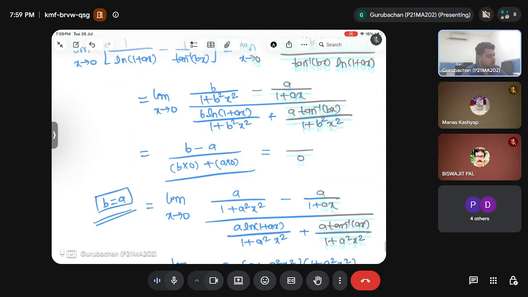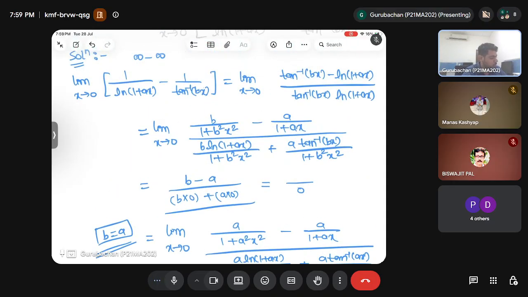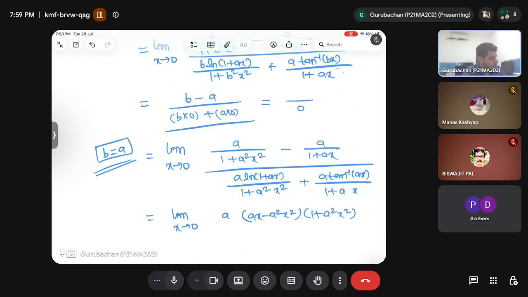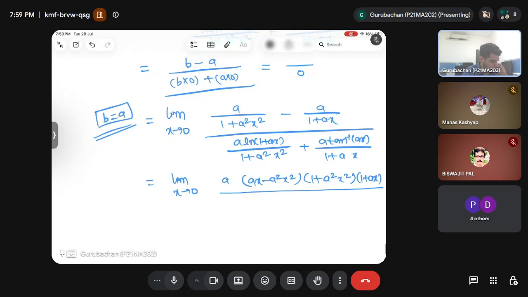Okay, here I think I made a mistake. Here it will be 1 plus ax. Again here it is also 1 plus ax, so it will be 1 plus a square x square, and 1 plus ax divide. So this will cancel out.